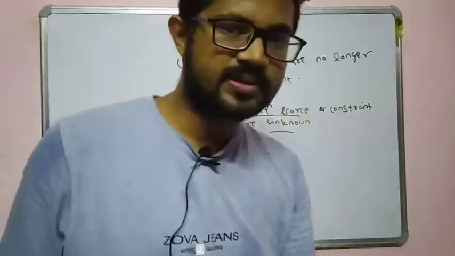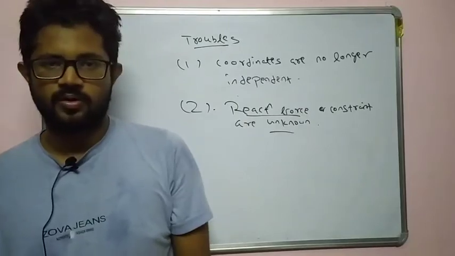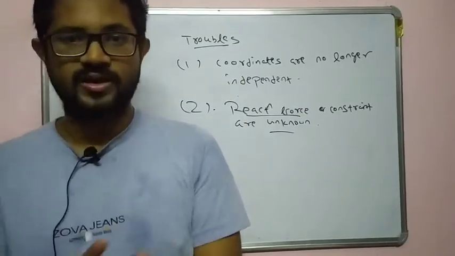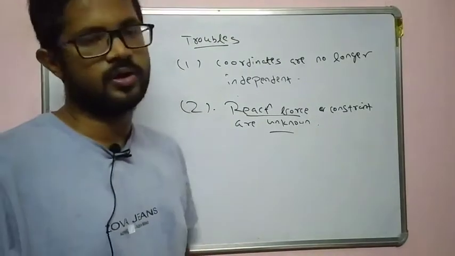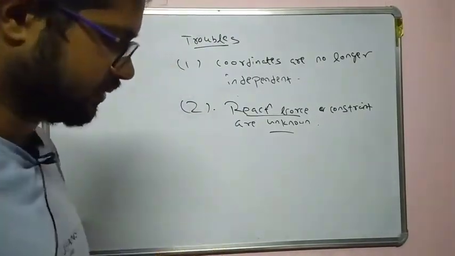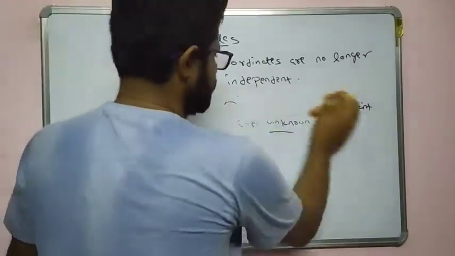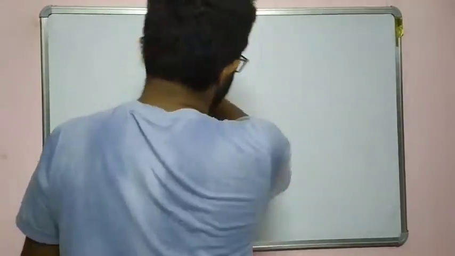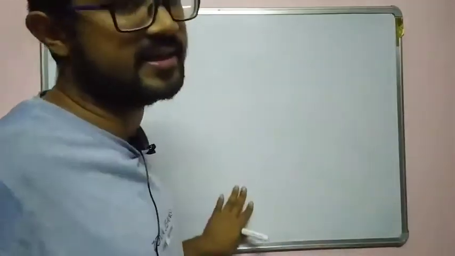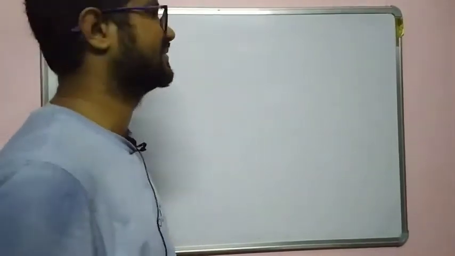That means x and y can have two values, 3 4 or 4 3. So they are no longer independent. You cannot take any arbitrary values. That was the main trouble in constraint. You know the constraint equation and the types of constraint: holonomic, non-holonomic. If time is there, it is rheonomous. If there is no time, it is scleronomous.